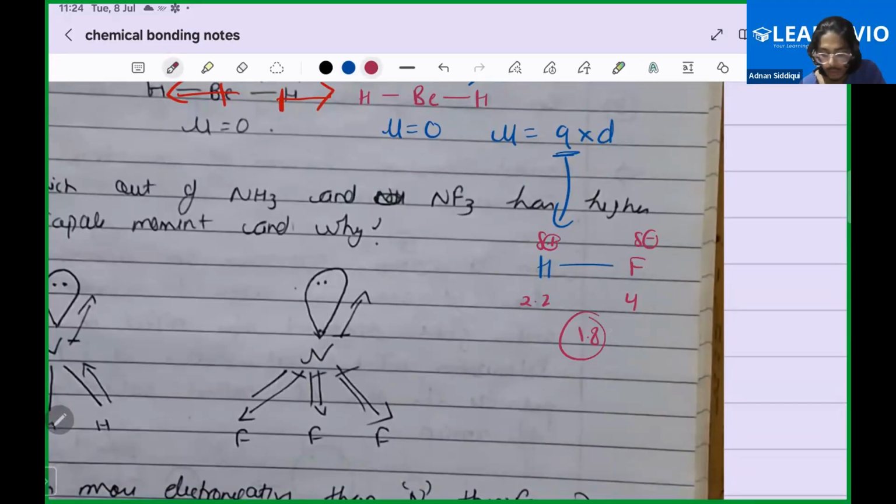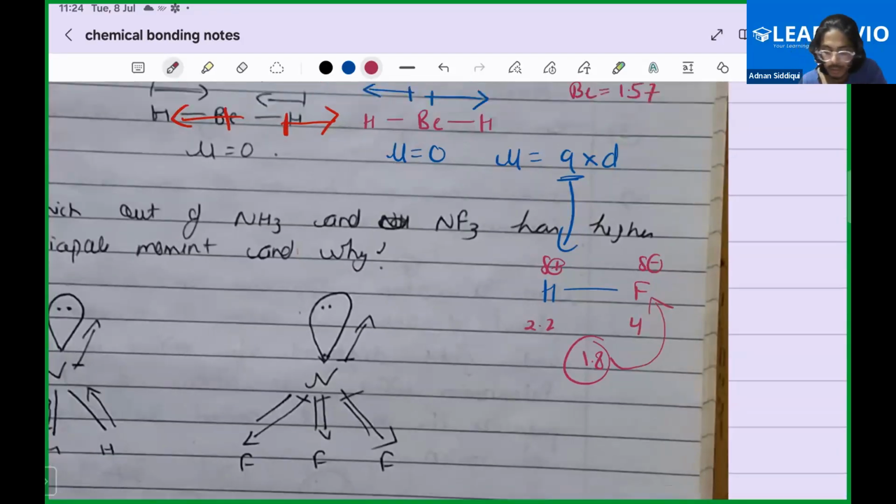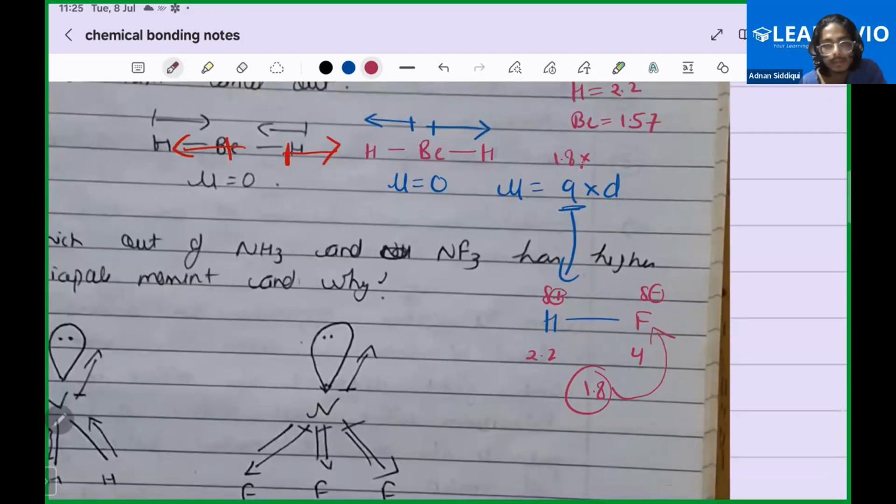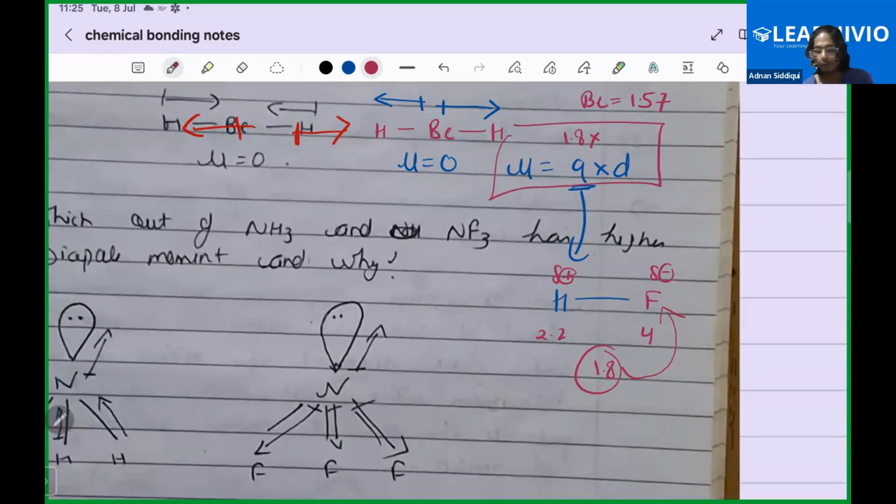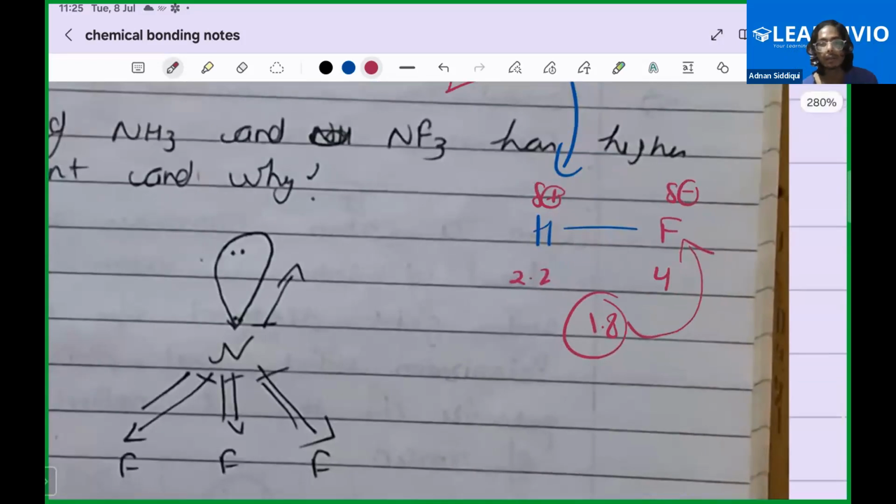So I will say the charge developed on my fluorine is 1.8. So I will use 1.8 here. And the distance, I will see the data, how much the distance is. After multiplying it by my distance, I will get my mu value. This is how we are going to use our electronegativity. The difference of electronegativity, we will use it as the charge.